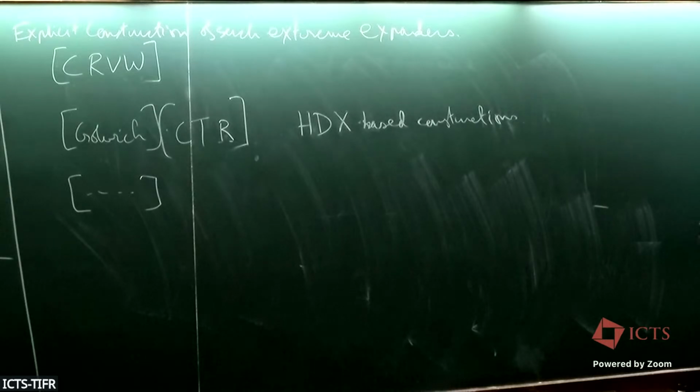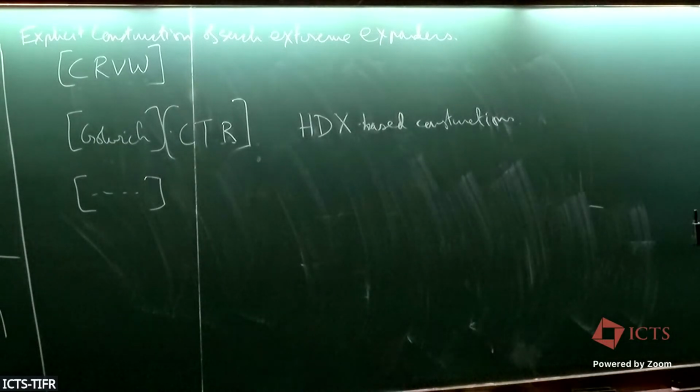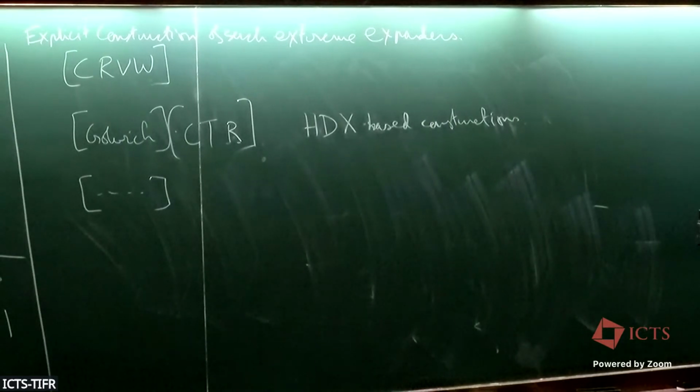So now we'll see how to decode these codes. So we saw an explicit construction of codes modulo this huge input, but now we'll see how to decode them, and this will be quite clever.